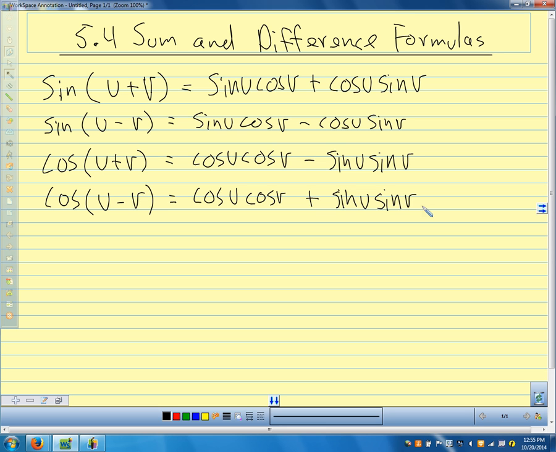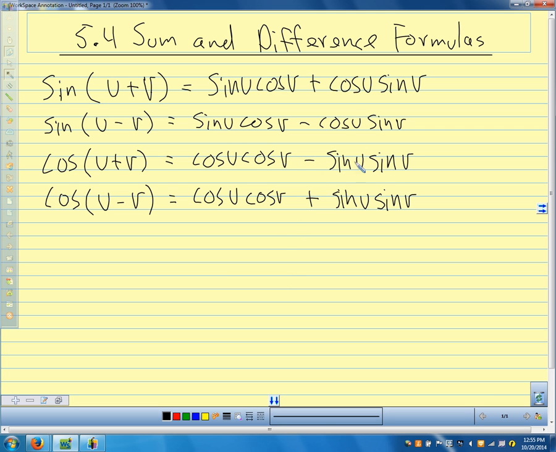Yes? This one? So with cosine, the plus and the minus in our formulas changes. So in sines, if this is a plus, this is a plus. In the cosines, if this is a plus, that's a minus. And I remember that the cosines and the sines are always together, and then the plus or the minus is opposite.